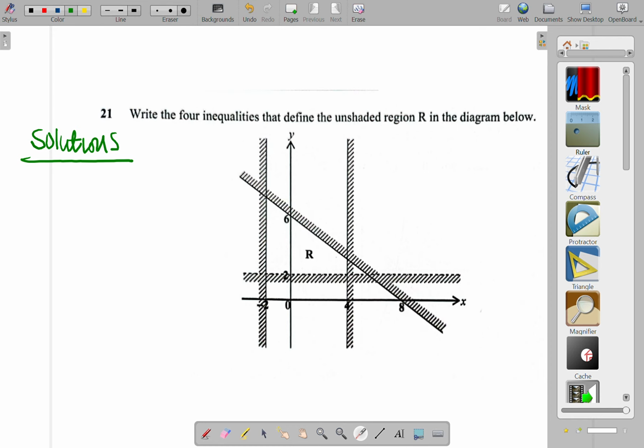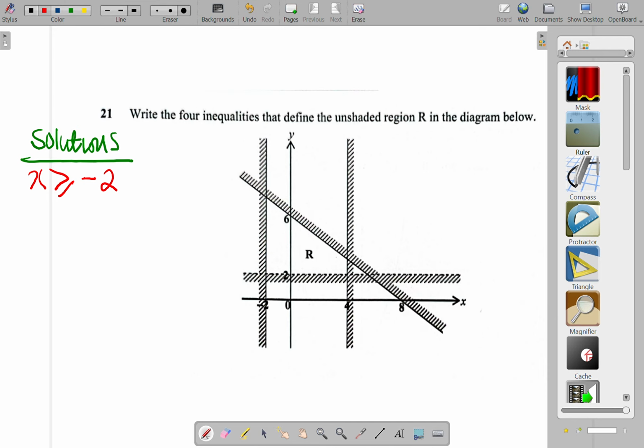For this line, since this is a solid line, I'm going to say x is greater or equal to -2. That is my first line.